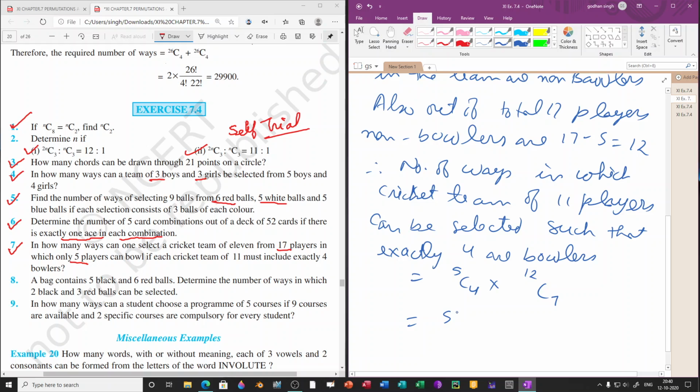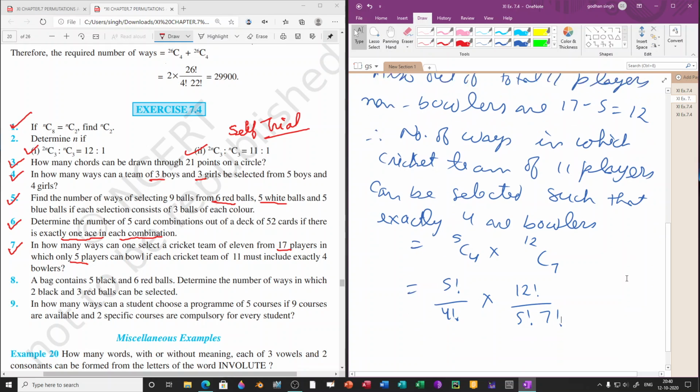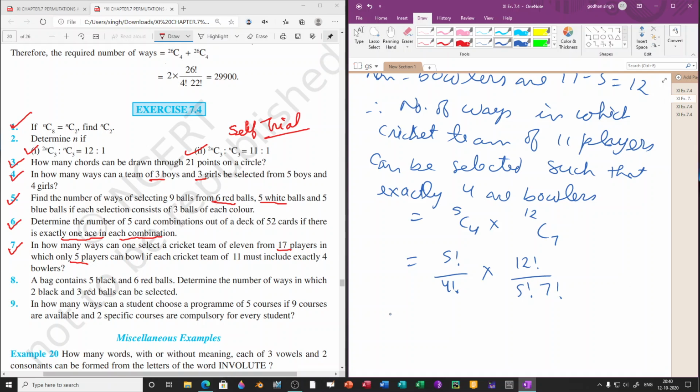So let us calculate this. This will become 5 factorial over 5 minus 4, which is 1 factorial, and 1 factorial is 1, divided by 4 factorial, multiplied by 12C7, which is 12 factorial over 12 minus 7, that is 5 factorial, into 7 factorial. Simplifying further, 5 factorial is 5 into 4 factorial, and 12 factorial can be written as 12 into 11 into 10 into 9 into 8 into 7 factorial.